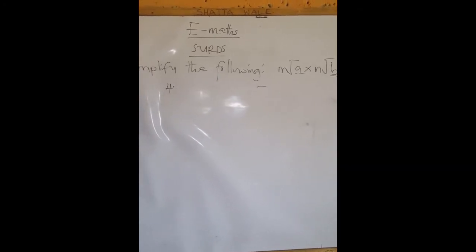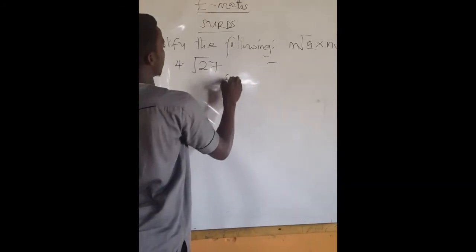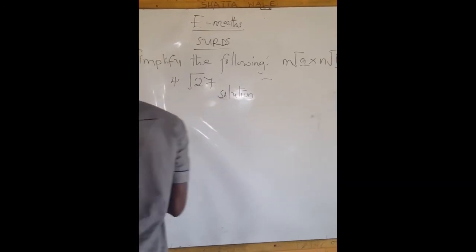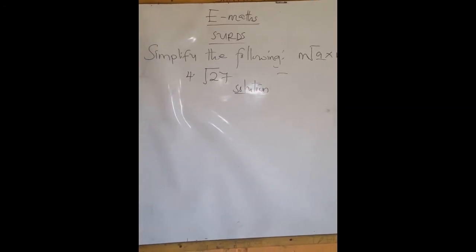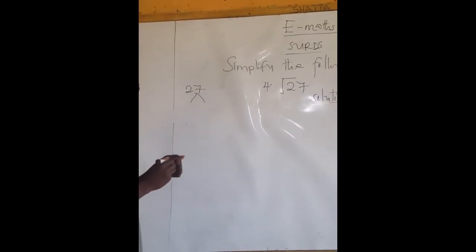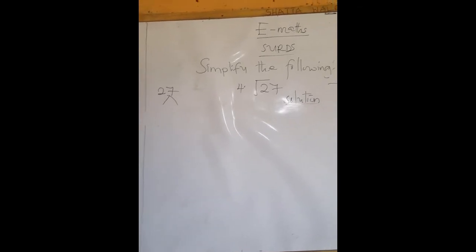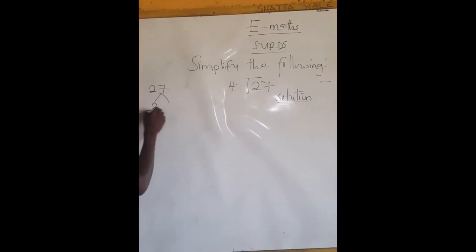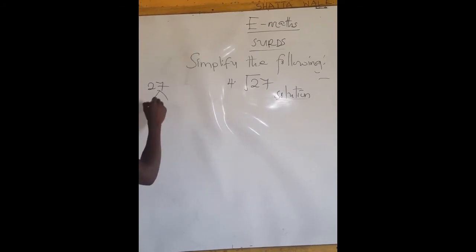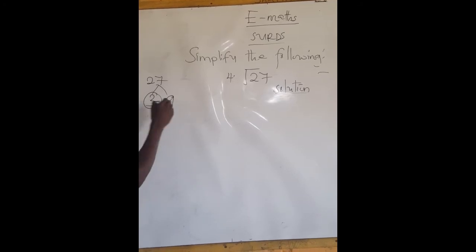For example number 4, we have root 27. So dividing 27 by the prime numbers starting from 2, we can see 2 can't go into 27. So we move on to the next prime number, which is 3. Now 3 can go into 27 how many times? 9. So 3 is a prime number, 9 is not a prime number.